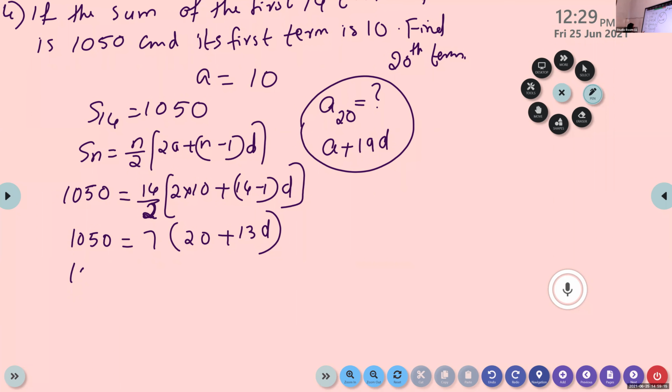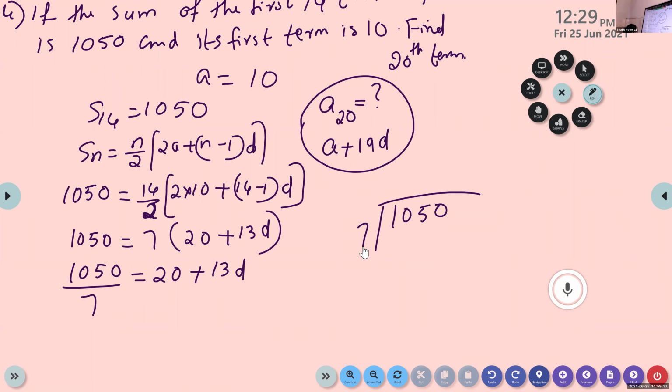So here we can write 1050 divided by 7 equals 20 plus 13d. 1050 can be divided by 7. What is it? 150.